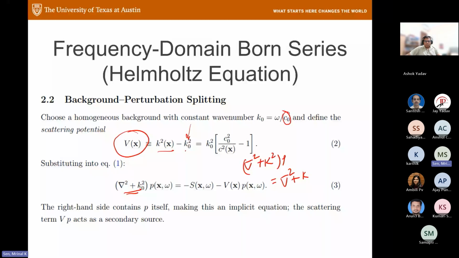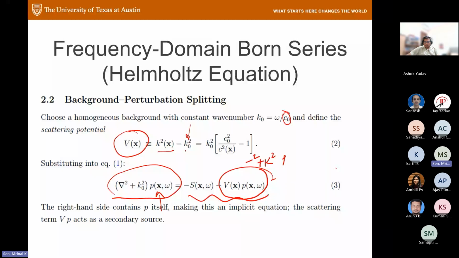So I can put this k naught squared times this, and it turns out that I can write my background solution of p when I have this term. So essentially, this perturbation is causing an extra term as the source term. This is your original source, and this came out because you're assuming that your medium is a background and a perturbation to it. And that comes from here.